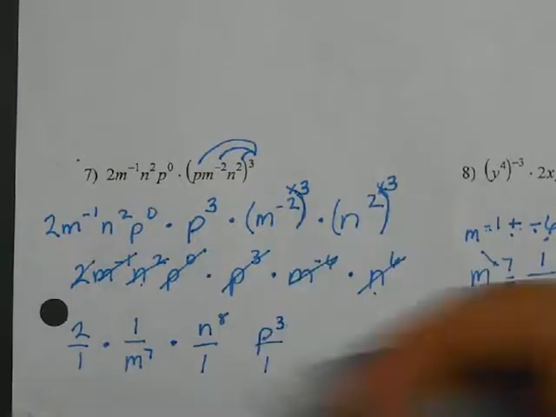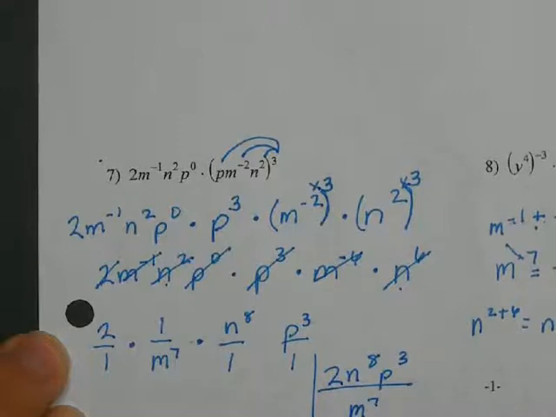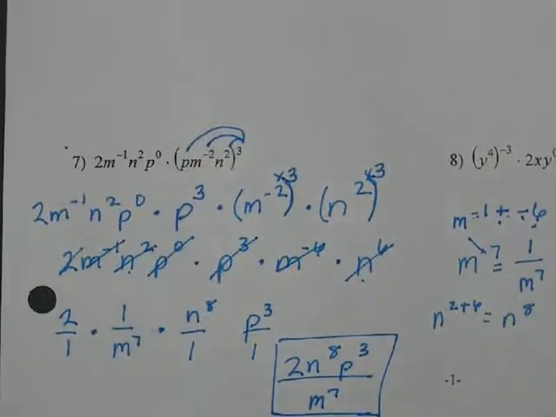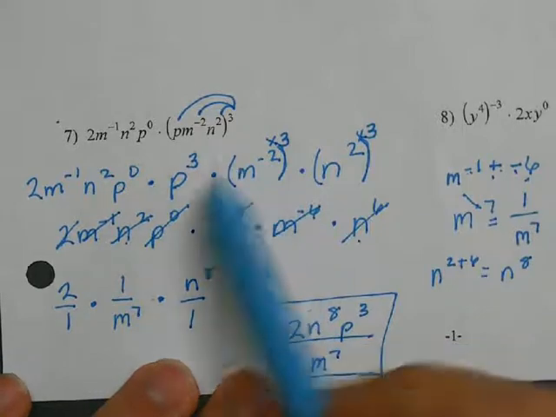My final answer would be 2 n to the 8th p cubed all over m to the 7th. And that's my final answer there. Again, first step is to knock out that power of a product, simplify that down, and then you can multiply across.